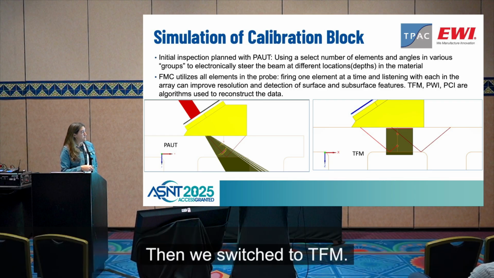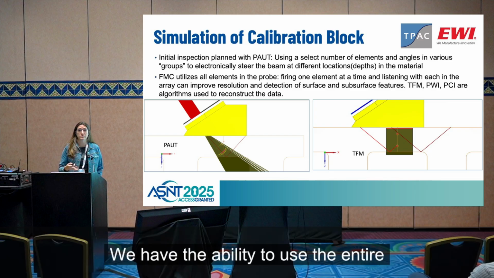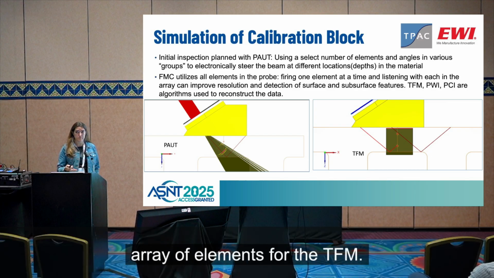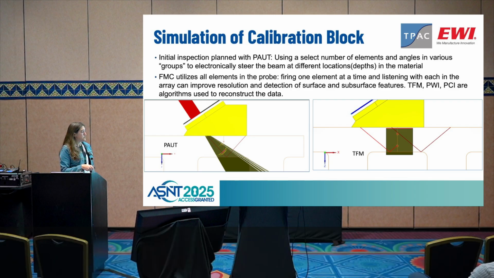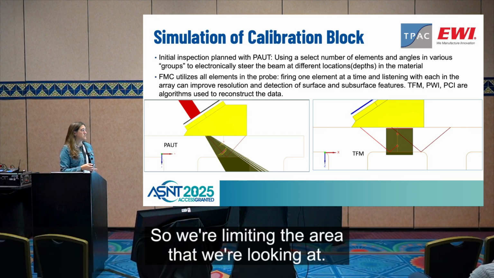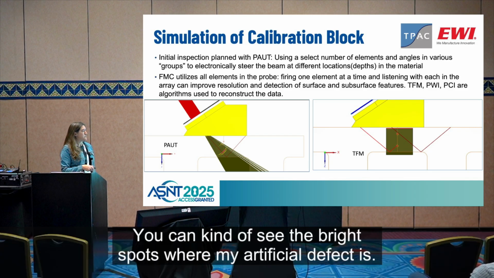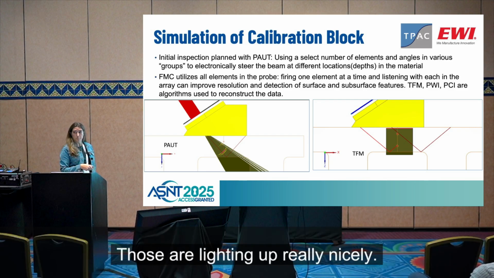Then we switched to TFM. The same wedge, same probe, but now we have the ability to use the entire array of elements. And for the TFM, we select a window that we want to do the reconstruction in. So we're limiting the area that we're looking at. And from there, you can kind of see the bright spots where my artificial defect is. Those are lighting up really nicely.